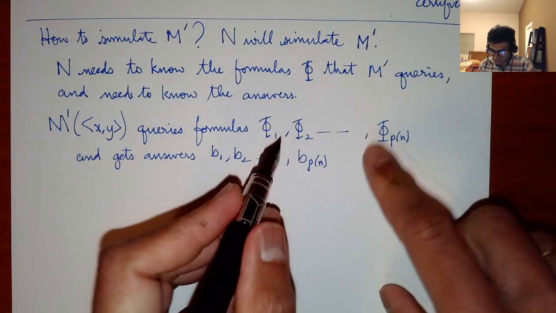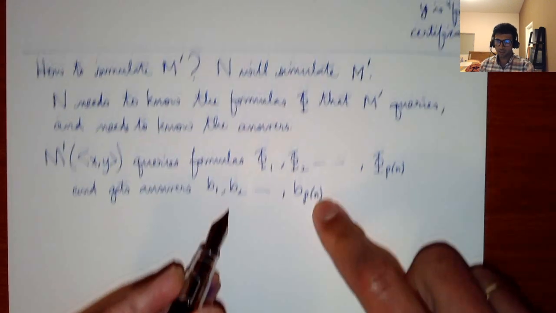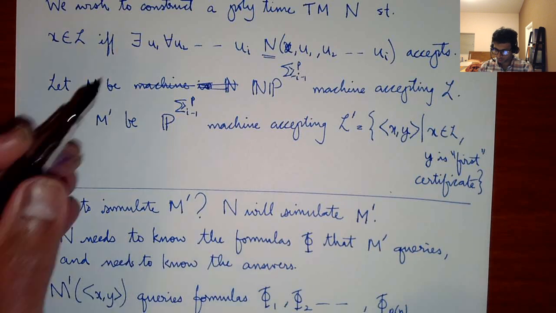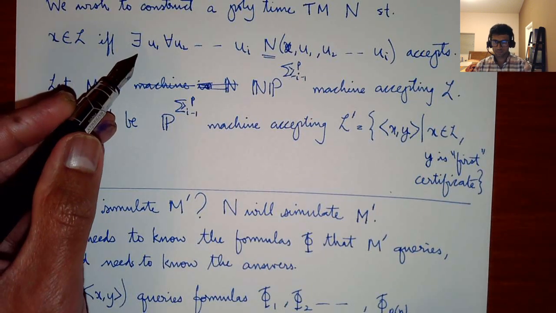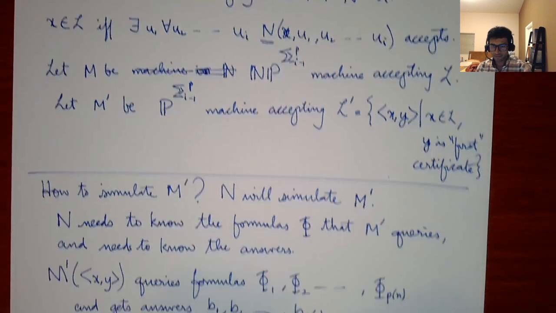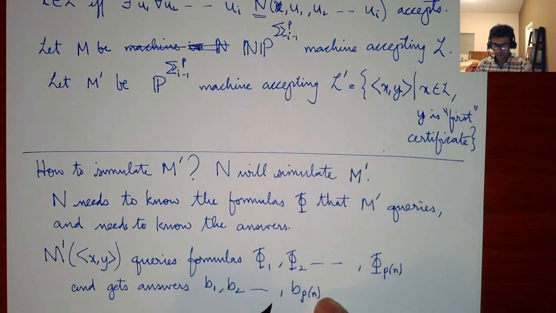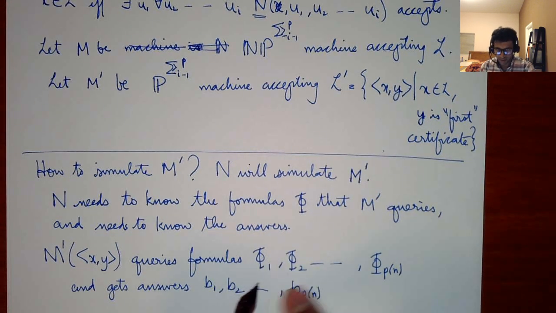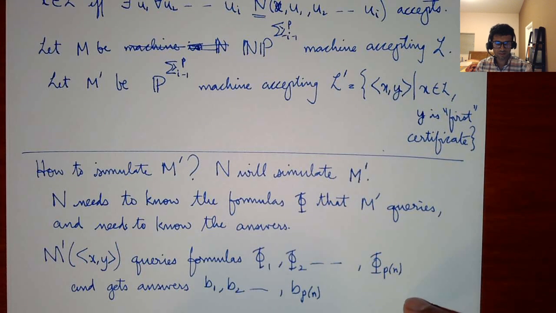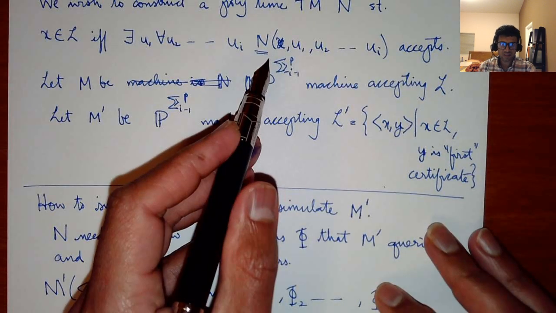So this guessing can be folded into the initial non-determinism over here. But then we have to verify that the answers are actually correct. So we can think of N as going to have two parts.